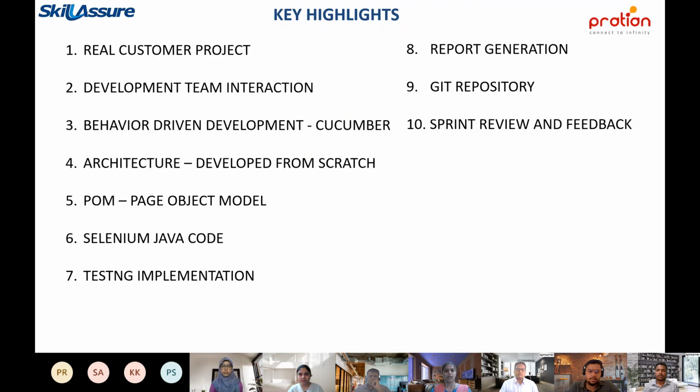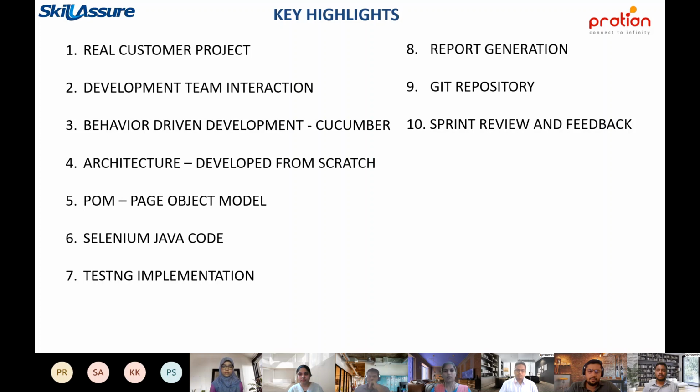Another key highlight is that the architecture of our project is developed from scratch, and we use the page object model, because the benefit of the page object model is that it reduces duplication. We select Selenium, because it is a free and open source automation tool.